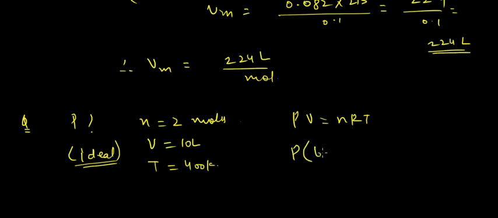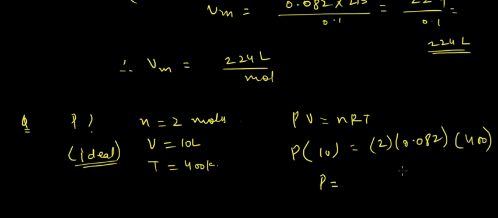Volume is 10 liter, number of moles is 2, R is 0.082, and T is 400. From here the pressure can be calculated and it should come out to be 6.56 atm.